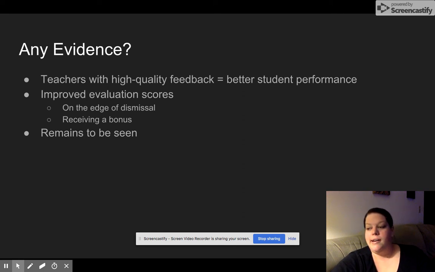So not a lot of research has been done on new systems of teacher evaluation. That kind of remains to be seen. But thinking about focusing more on student learning is exciting as a teacher and hopefully future administrator.